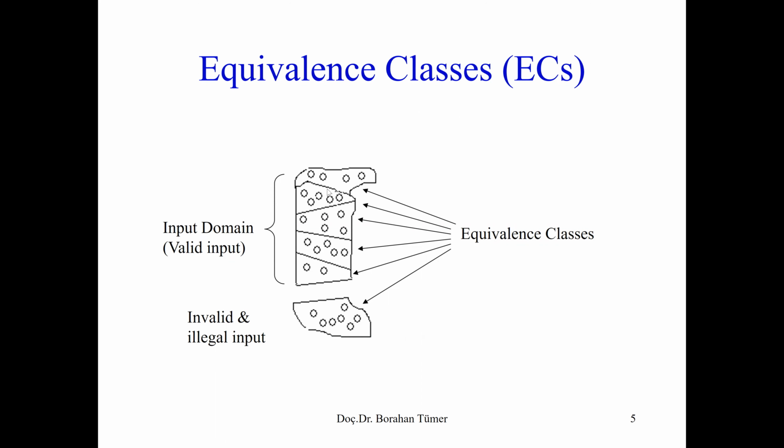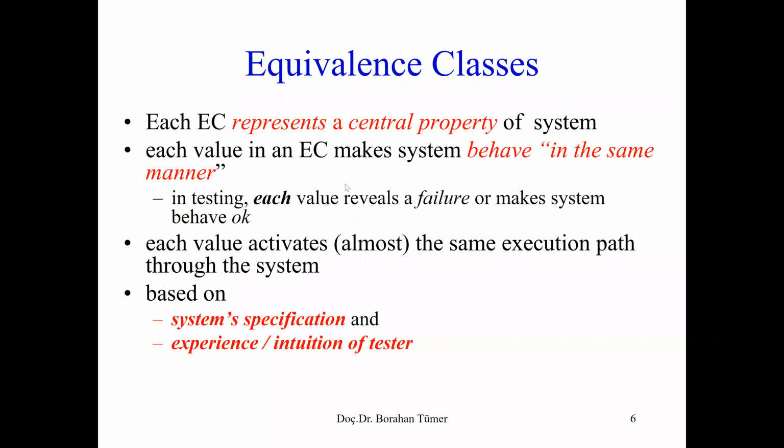Now, what are the equivalence classes? Why are these separated, and why do these inputs form an equivalence class? Let's go to this slide. Each equivalence class, or EC, represents a central property of the system, that is, each value in an equivalence class makes the system behave in the same manner.